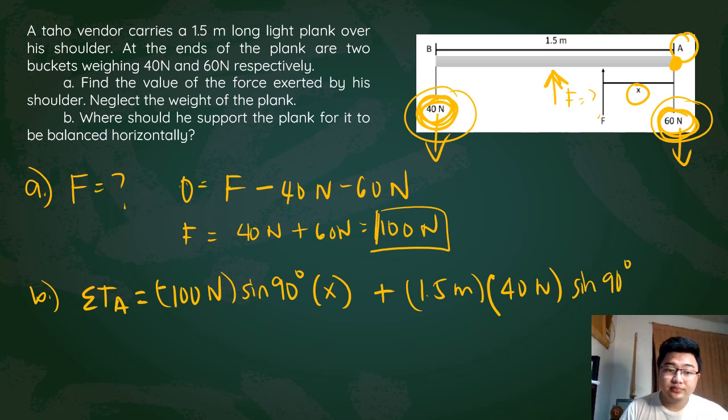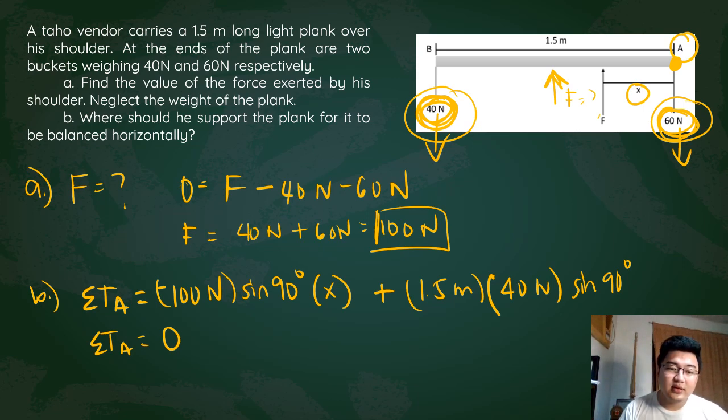So the total torque here is equal to negative 100 newtons sine 90 times x plus 1.5 times 40 times sine 90 degrees. Since we want the system to be in equilibrium, the total torque acting on A must be equal to 0, since that's the second condition for equilibrium.